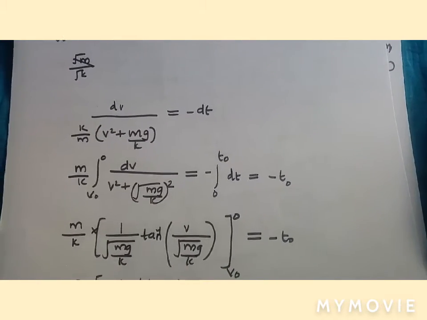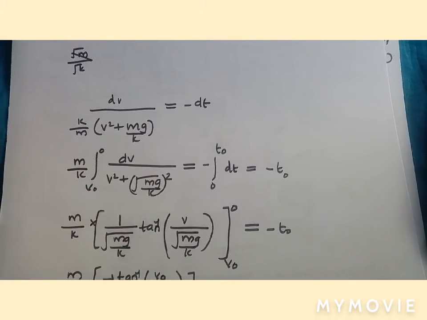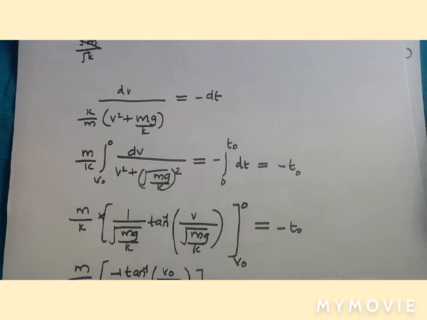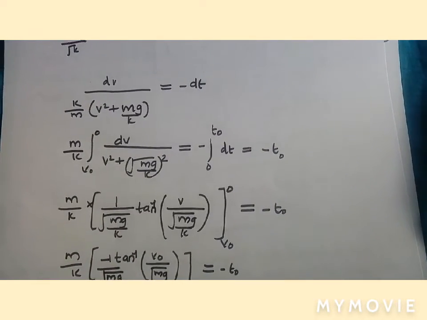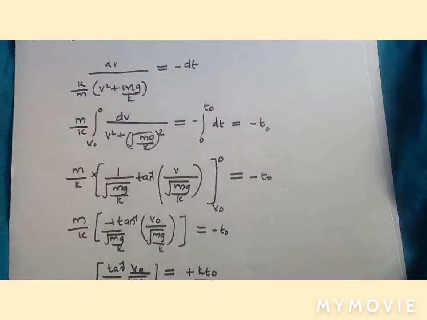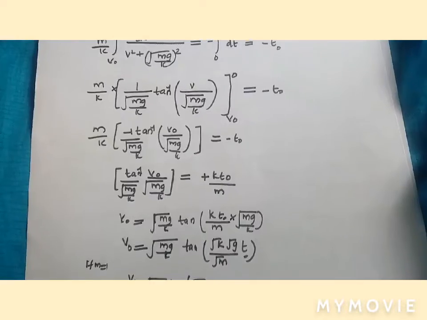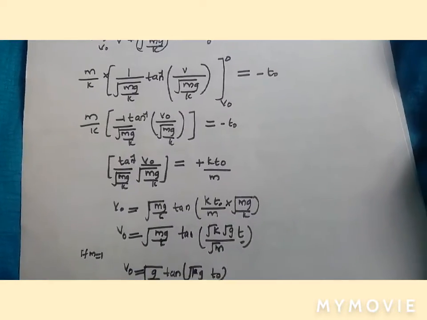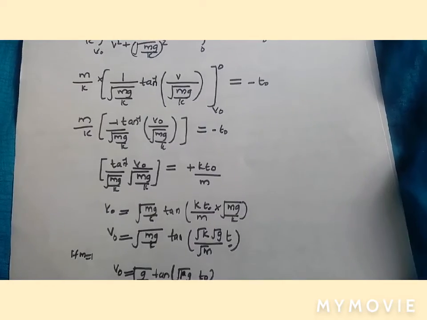Here a is root of mg by k, so 1 by a tan inverse x by a, where x is v and a is root mg by k, and we substitute the upper limit and lower limit. We get the answer as: v0 is equal to root of mg by k tan of root k root g divided by root m into t.